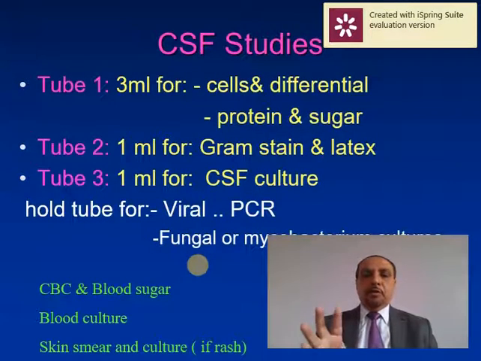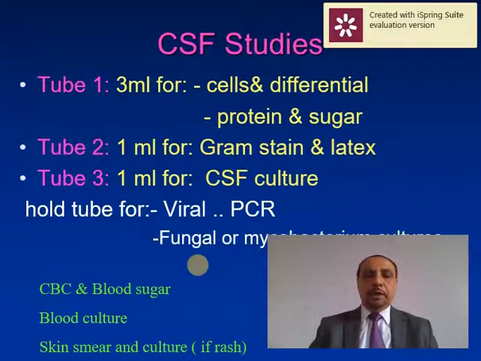Better when you do lumbar puncture to collect CSF in 3 tubes. The first for cells, differential, proteins, and sugar. The second tube for gram stain and latex, and the third tube for the culture. Sometimes we hold one tube, especially in certain situations, to keep it for viral PCR or fungal or mycobacterium cultures.